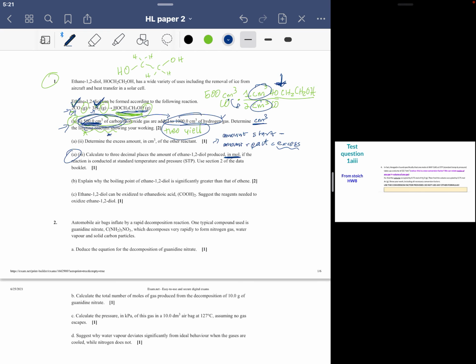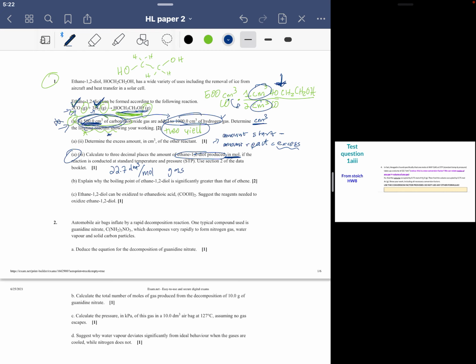So to go from volume to moles, you can use that conversion factor that we learned. This is from Stoichiometry Homework 8, which we actually did in class, even though it's called a homework, so you can use that 22.7 dm cubed in every mole of gas. And you're starting with your theoretical yield, which you should have found in A.